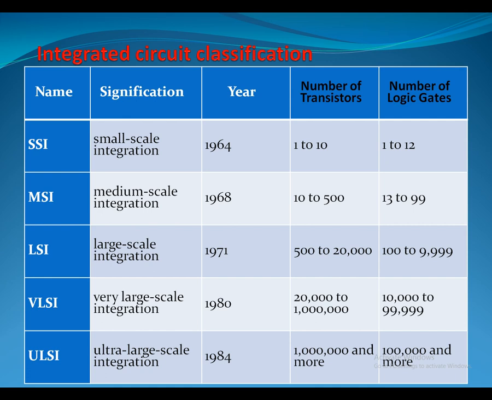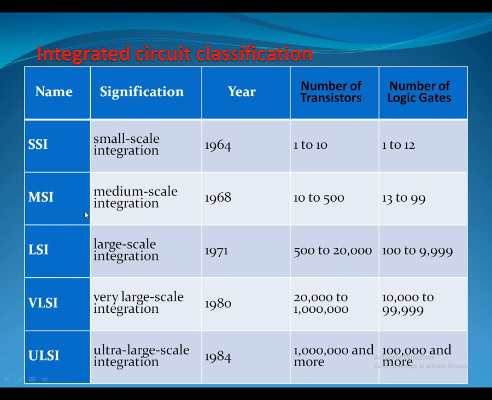integrated circuit classification, SSI, MSI, LSI, VLSI and ULSI, all these levels of integration were possible. Significant here are the number of transistors and the number of logic gates involved. In small scale integration in 1964, 1 to 10 transistors were there and the gates used were 1 to 12.